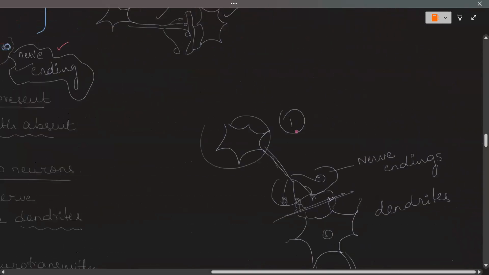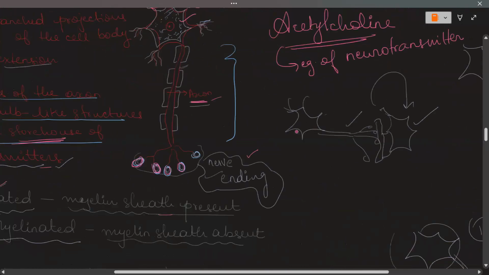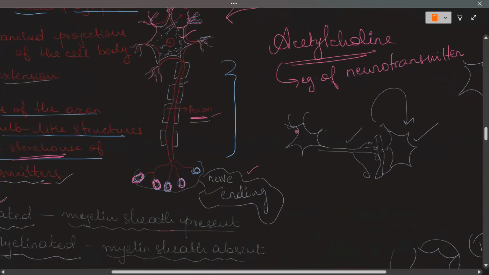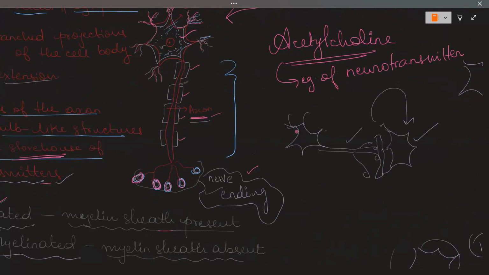For example, in this particular diagram, do you see these boxes that I've made? Are you able to see them? These boxes are coverings of the neuron. For example, if this is the axon, the axon has a covering on it, and this covering is known as the myelin sheath.